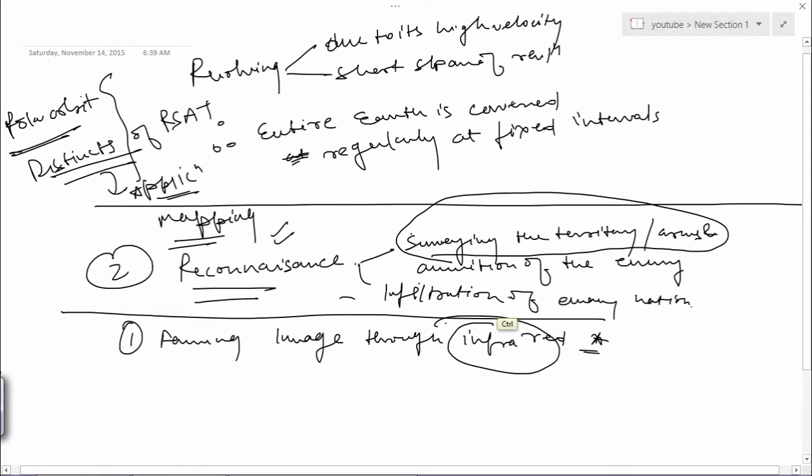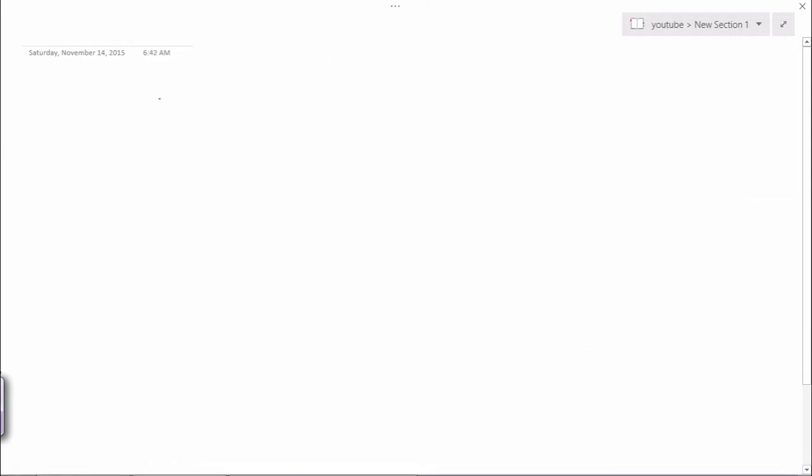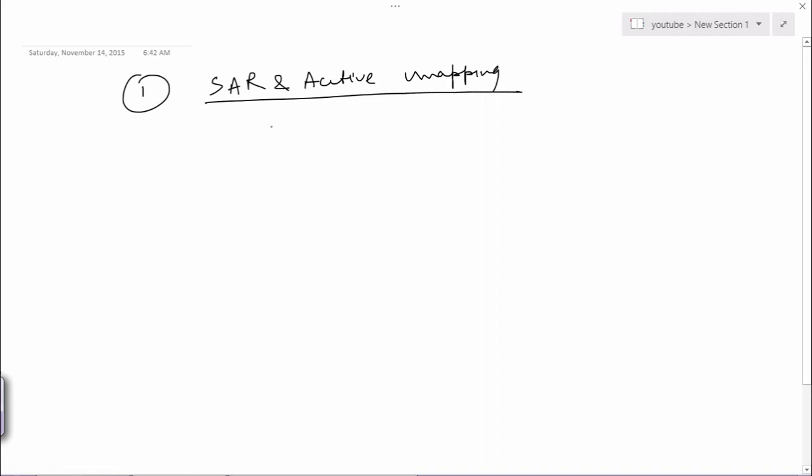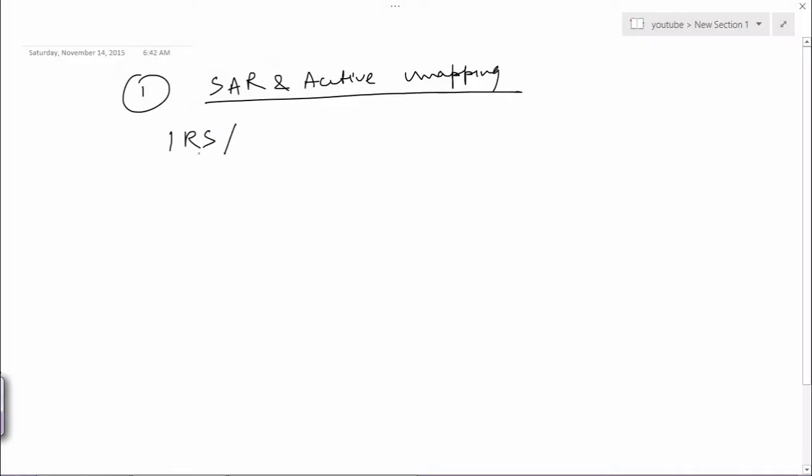And on a related term, I would also like to mention the SAR and active mapping. Now the IRS is good and suitable for use as long as we have clear skies over the region.